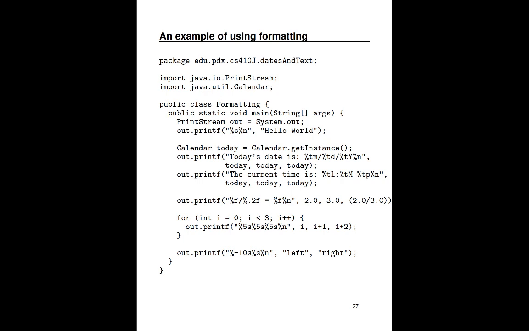Inside that for loop, we print out some numbers formatted in a fixed width column of 5 characters. So we've got 3 ints. They're all formatted as strings with a width of 5 spaces in each column. Finally, we look at left and right justified text on the left side of a column that's 10 characters wide. And then by default, the string right is formatted on the right side.